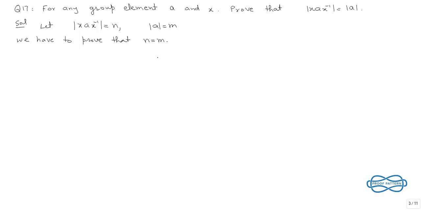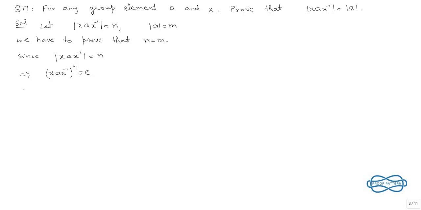Since the order of x a x inverse is n, this means (x a x inverse) raised to the power n is identity. The order means the least positive integer such that if we take the power we will get identity.